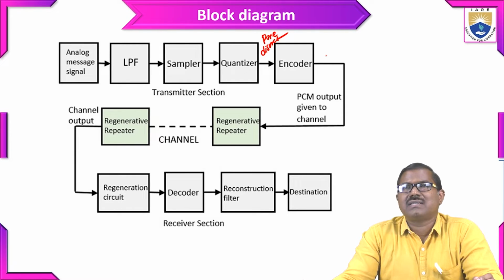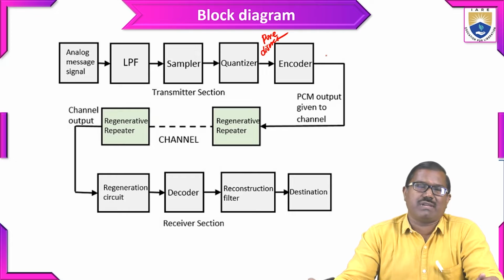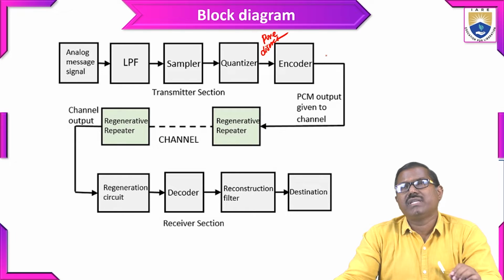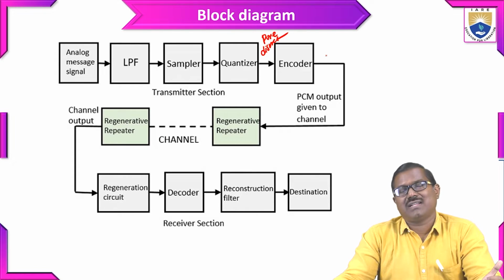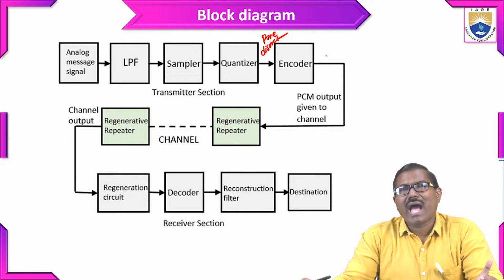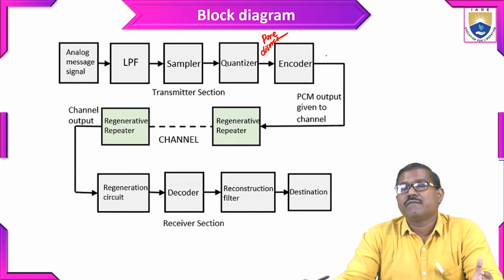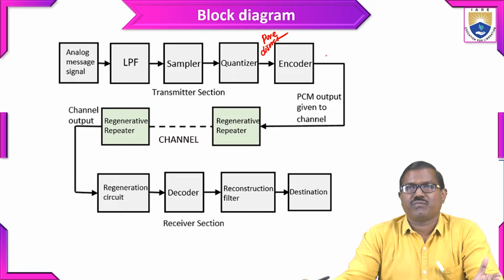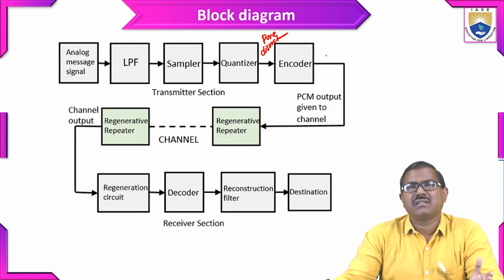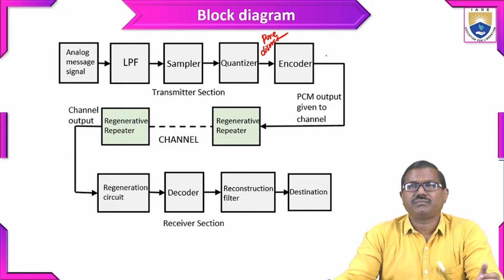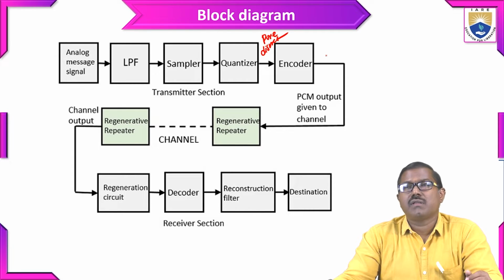No other digital system has such an arrangement. That is nothing but regenerative repeaters. Through the channel, we have regenerative repeaters. These repeaters are generally located 50 kilometers apart. For every 50 kilometers, one regenerative repeater is placed. So PCM has this special arrangement.